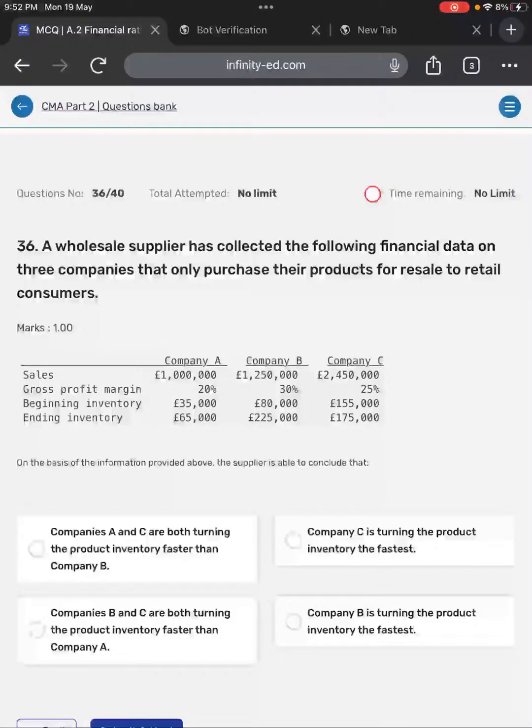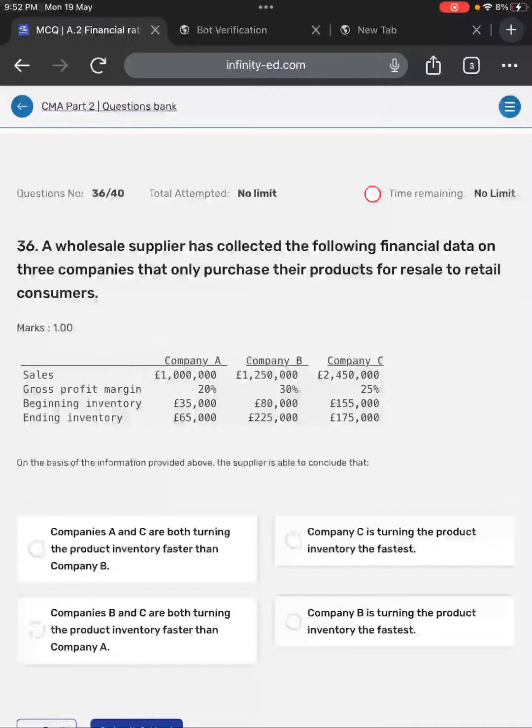Okay, and this one, 80,000, 22 days, 80,000 plus 25,000 divided by 2, it comes to 152,500. 152,500.